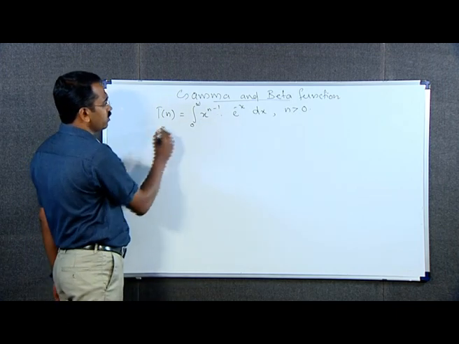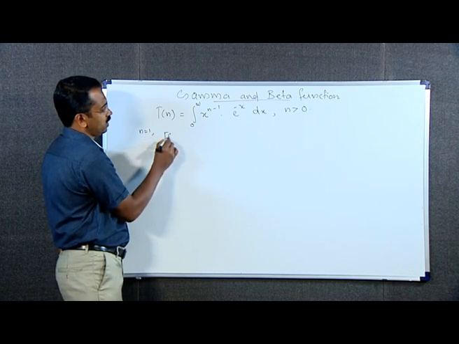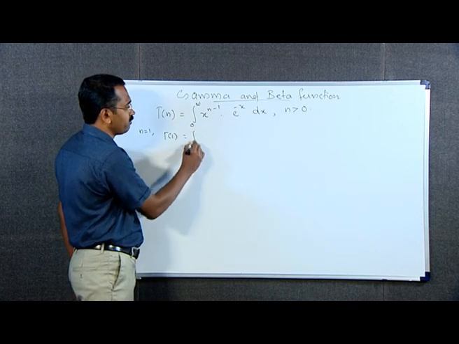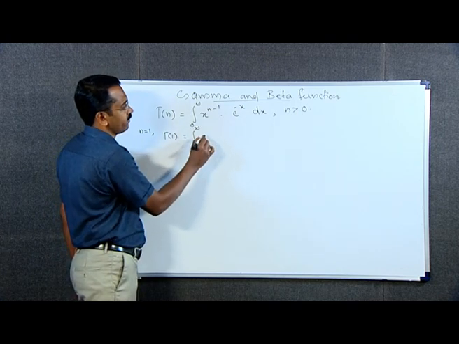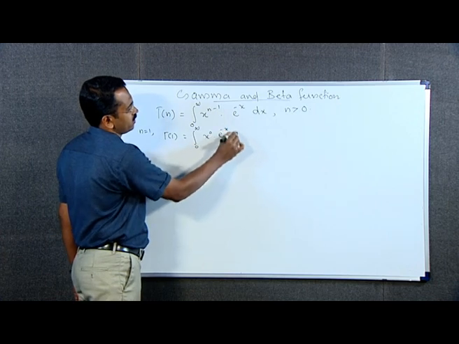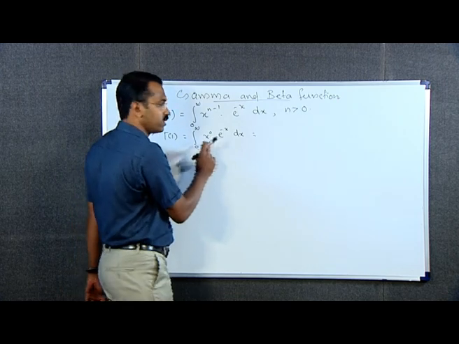For n is equal to 1, it is gamma 1, which is equal to the integral from 0 to infinity of x raised to 0 into e raised to minus x dx, that is, x raised to 0 is 1.